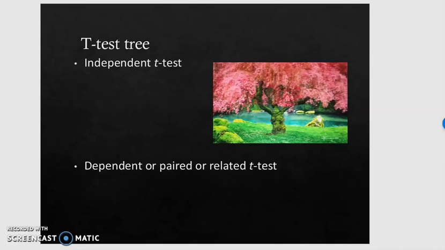Remember T for 2. A t-test is when you have an independent variable that is two groups, and that is nominal. So you're grouped into male, female, or it could be something where it's a pre-test, post-test. Could be where you've got two different groupings.